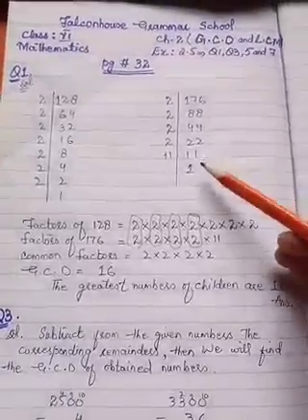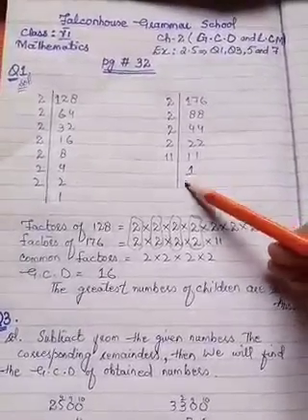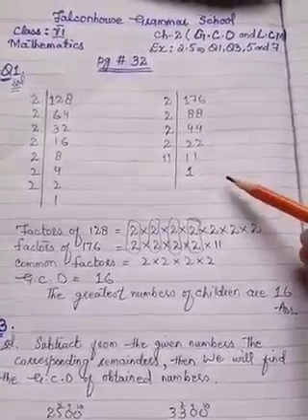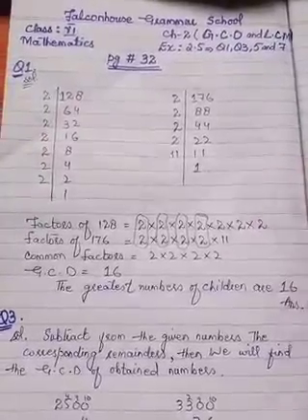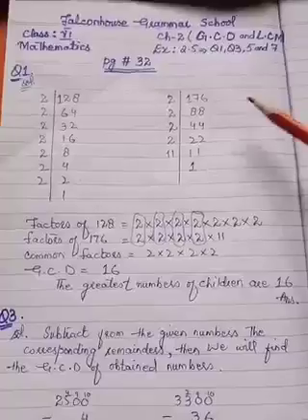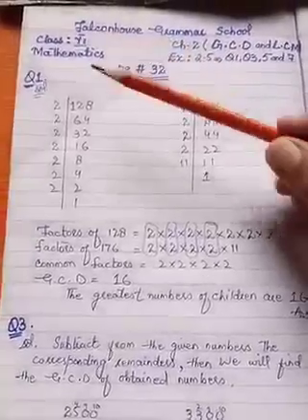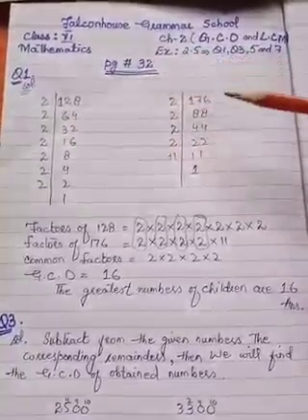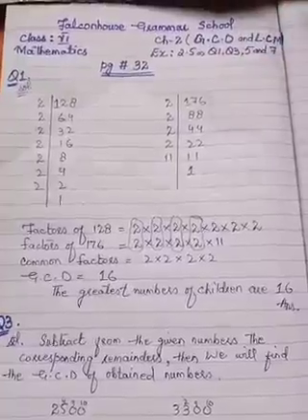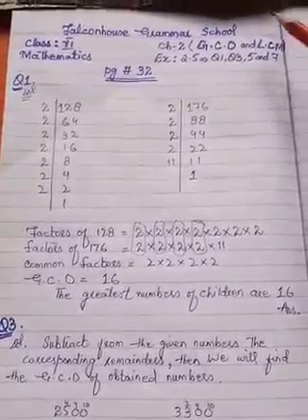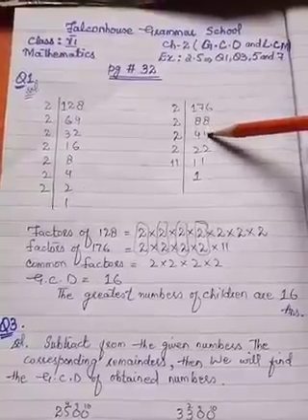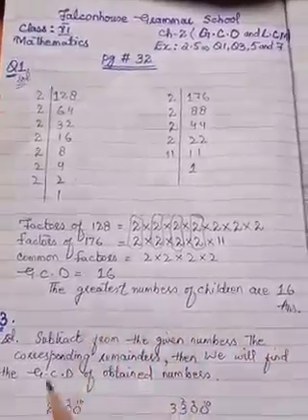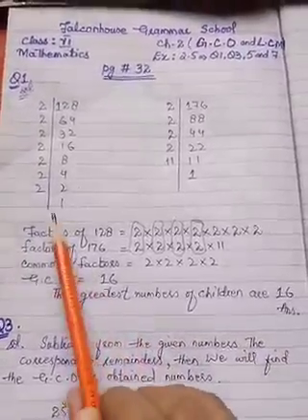I prefer to attempt this question with the method of factorization, but you can attempt it with the division method as well. The set of divisors will become difficult because you have to write all the divisors of 128, and it will take a lot of time. So as compared to the set of divisors, you can adopt either factorization or the division method. Students, I attempt question number 1 with the method of factorization.